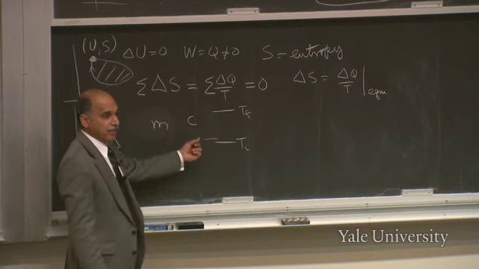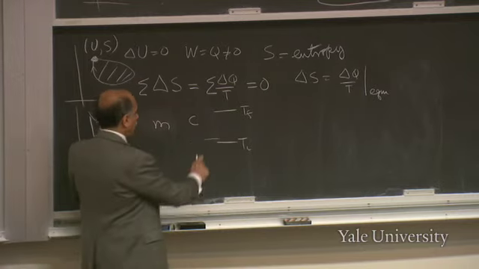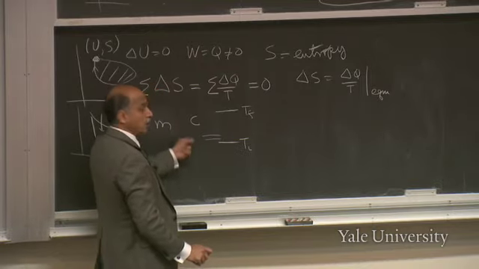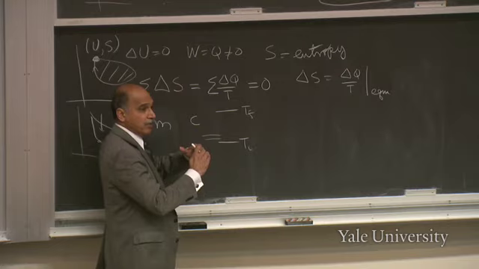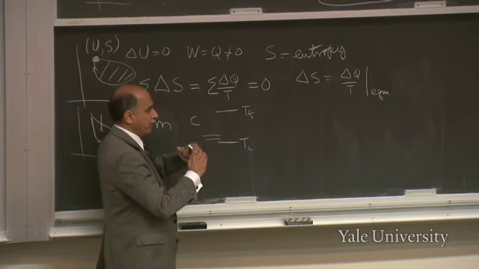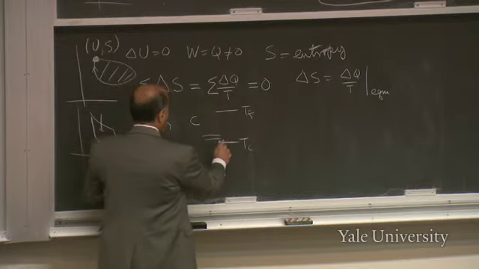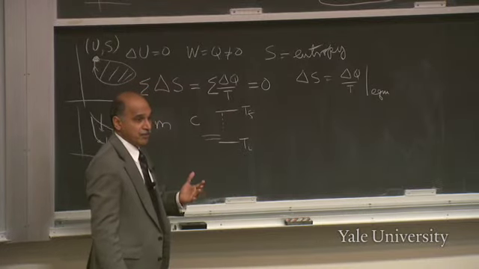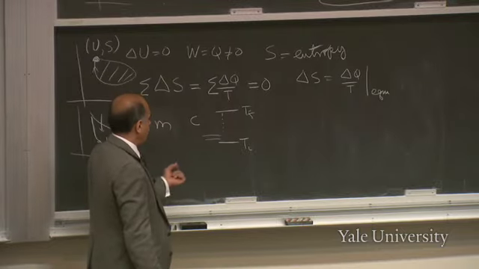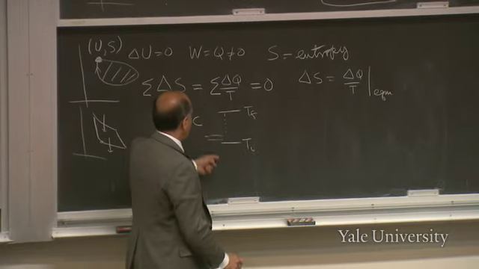Then I let it heat up to that point. Then I put it on another reservoir, slightly hotter than this one. At all stages, I want the system to be almost near equilibrium. In the sense of calculus, you can make the difference as small as you like, provided you do it enough number of times. And slowly, I raise this from here to here. At every stage, the system has a well-defined temperature. There's a well-defined heat input, and I want to add it all up.